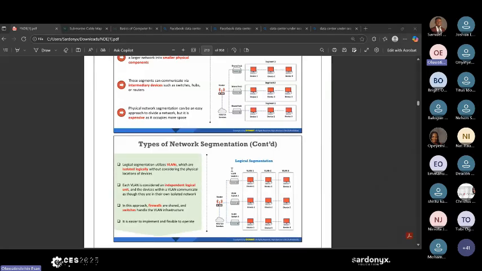A VLAN is considered an independent logical unit, so I can have marketing and other departments, but it's logical. All of this is just one switch. It can have VLAN 1, VLAN 2, VLAN 3. So it doesn't take space. I don't need to buy a lot of switches, because if I'm having a 48-port switch and I don't have more than 40 devices, I can actually have logical departments.